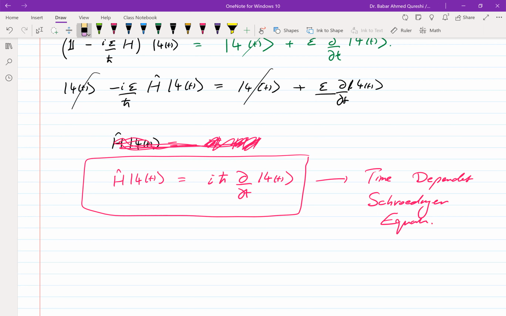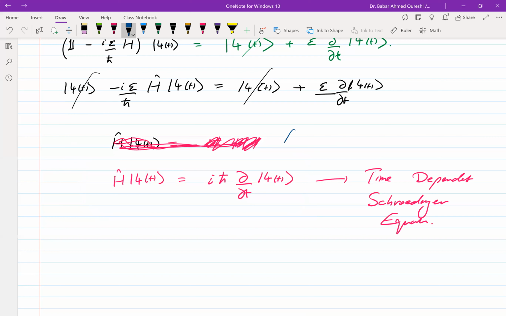It's just the statement that when you have an evolution which is unitary, and you're describing it through a unitary operator, then infinitesimally, that same statement looks like this. And this statement is just called the time-dependent Schrödinger equation.